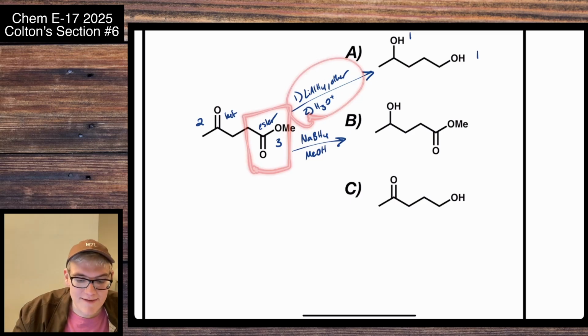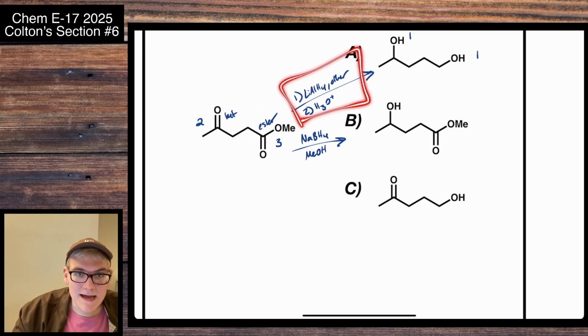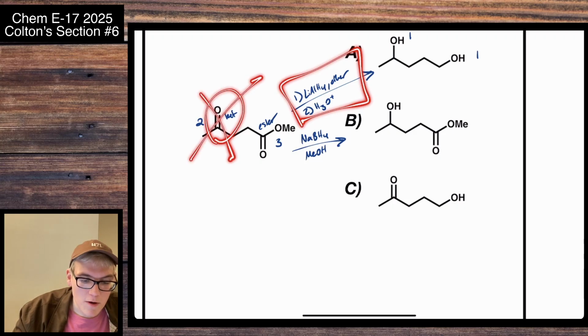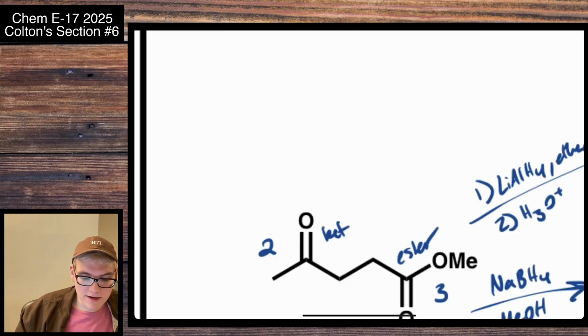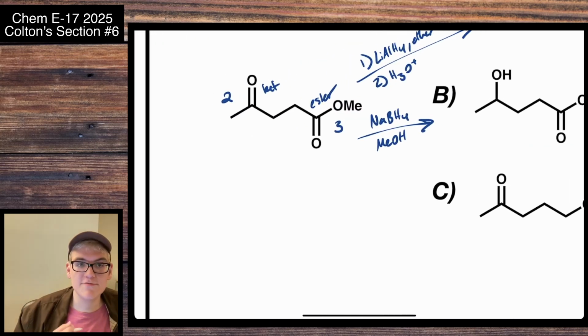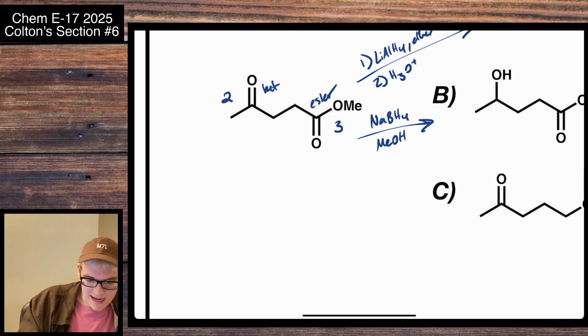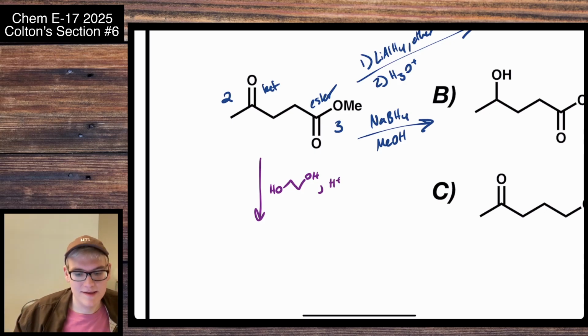So we know that we have to use this, but we don't want it to reduce this ketone. So what we are going to do is turn our ketone into a different functional group that doesn't react with lithium aluminum hydride. So as a first step, I'm going to add a diol, and I'm going to add an H plus catalyst.